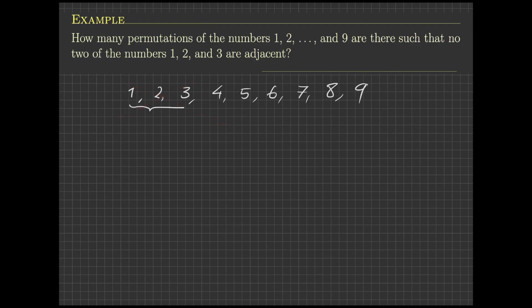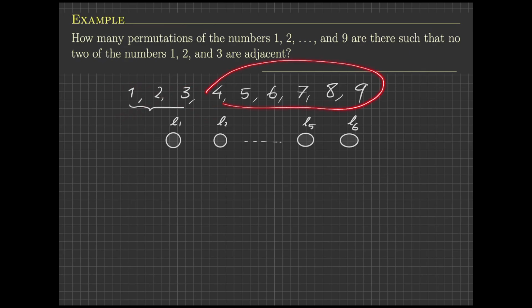Then how many of them are left? 1, 2, 3, 4, 5, 6 left. So how many locations do I need for these 6 numbers? L1, L2, up to L5 and L6, yes? How many ways can I fill these locations with these 6 numbers? It is very simple. It is 6 factorial.